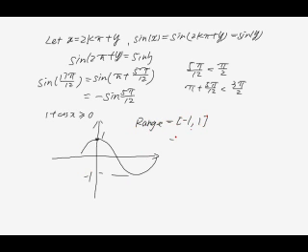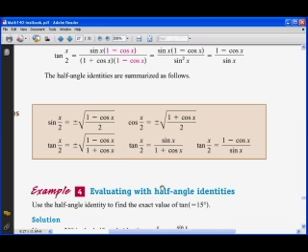That means you always have cosine x greater than or equal to negative 1 and less than or equal to 1. Then from this inequality, you add 1 to both sides. You have 1 plus cosine x is greater than or equal to 0. That's it.